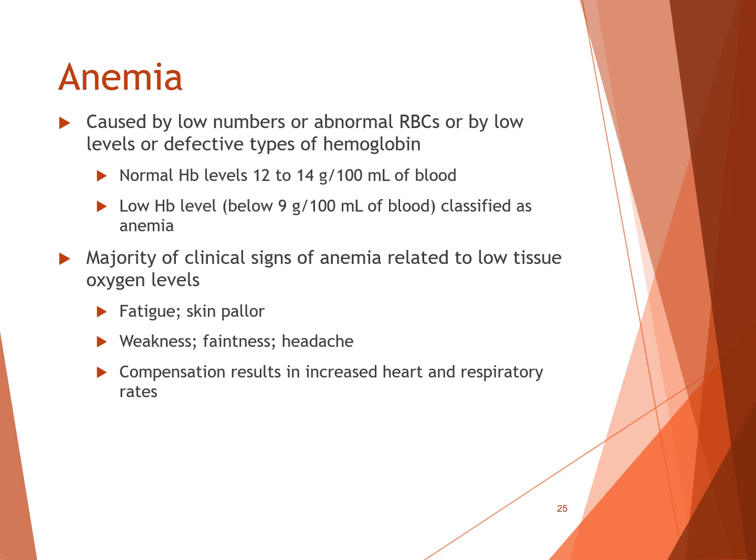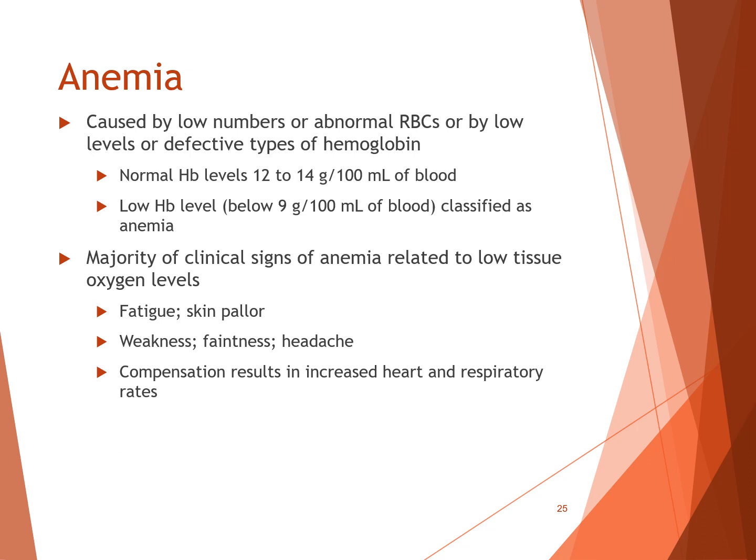This is either not producing enough hemoglobin, or the hemoglobin being produced is deficient in some way, shape, or form. So again, this is going to lead to low tissue oxygenation. The patient may suffer from weakness, may look pale, and may complain of their head hurting or feeling faint.